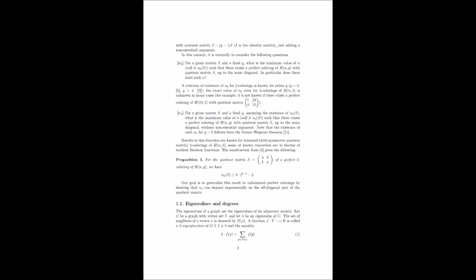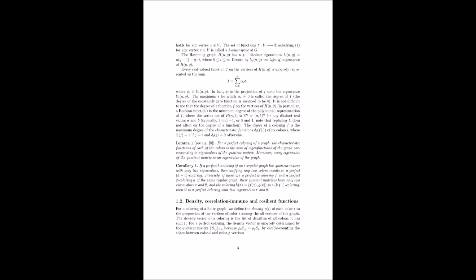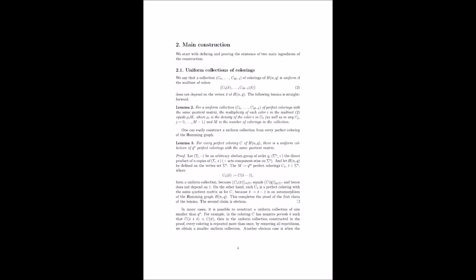Exactly. And the density of a Boolean function refers to the proportion of outputs that are ones. So a dense Boolean function would have lots of ones in its output. Exactly. Got it. And what's fascinating is you can represent Boolean functions on these Hamming graphs. And their properties, like density, are deeply intertwined with those eigenvalues and degrees we were just discussing.